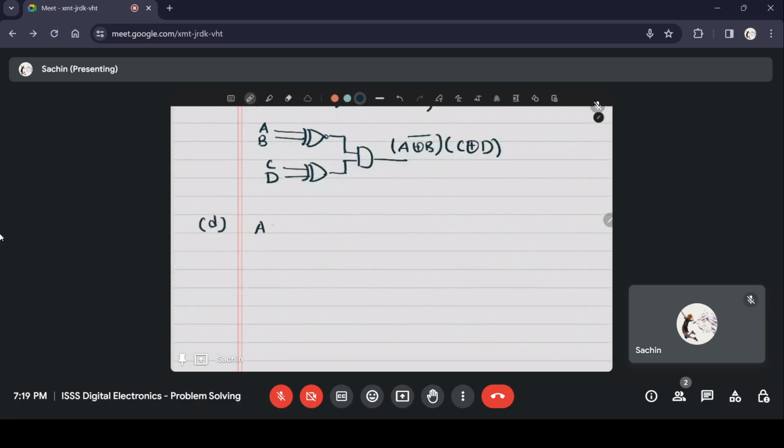Part D, (A plus CD)(A plus D bar)(C bar plus D).